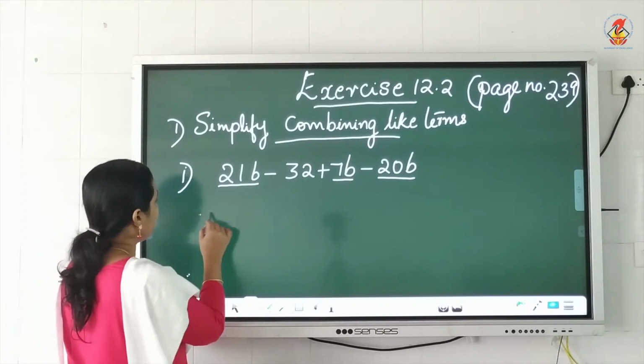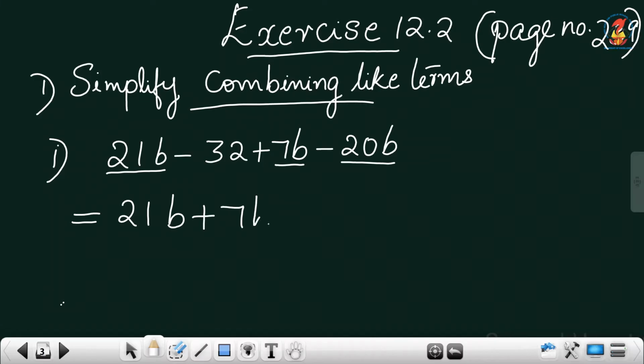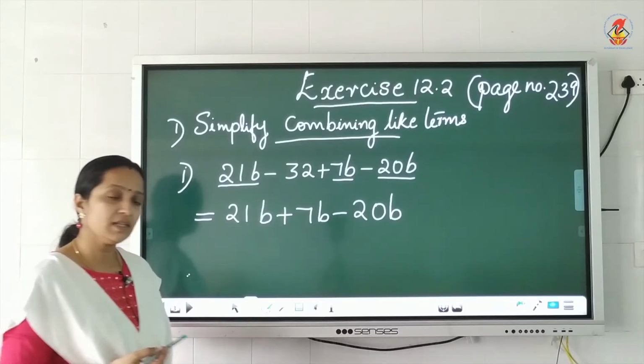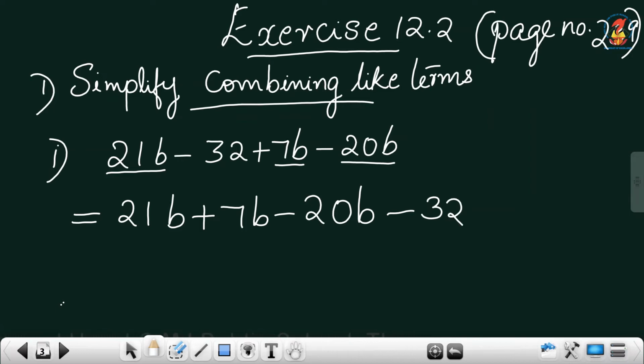Now first you group the like terms. How will we write? 21b plus 7b minus 20b. First, write the like terms together. And if there is a single unlike term in the question, it will remain as it is. So minus 32. 32 is a constant. Now what is the next step?